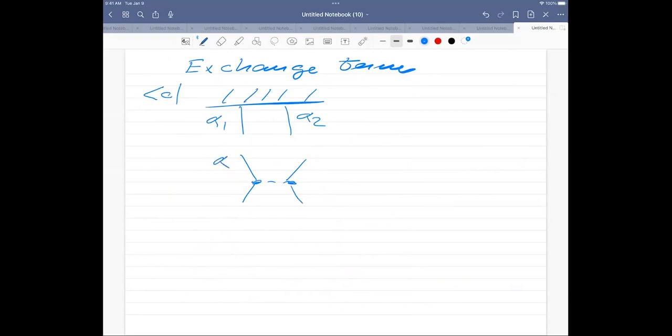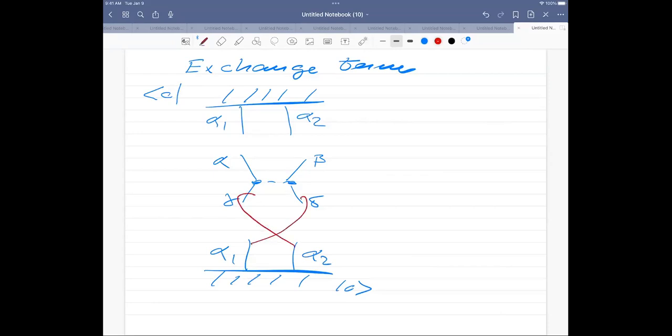And then we have an alpha, beta, gamma, delta. And then I have my vacuum state, and then alpha 1 and alpha 2. But now I can perform a contraction with this one and with that one, and I can still keep these two here.